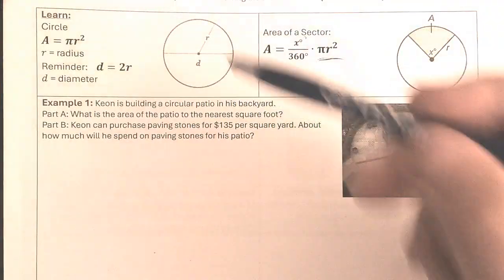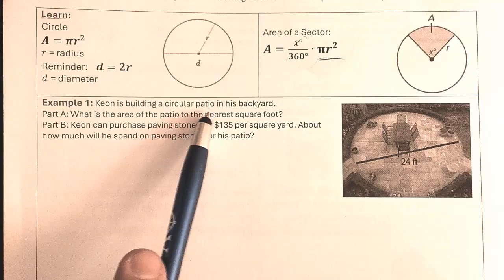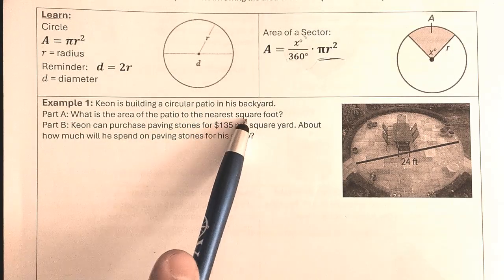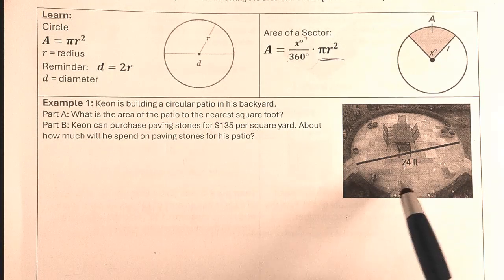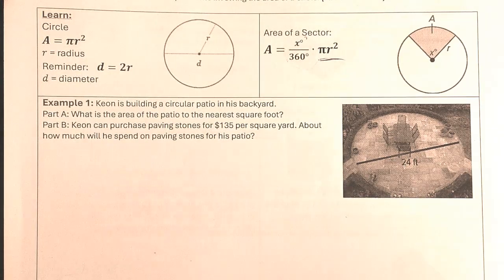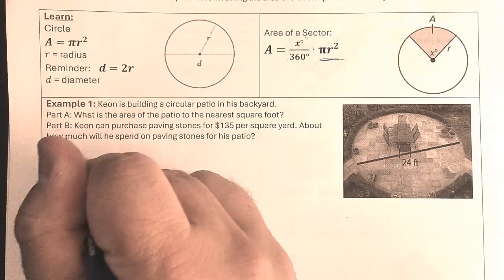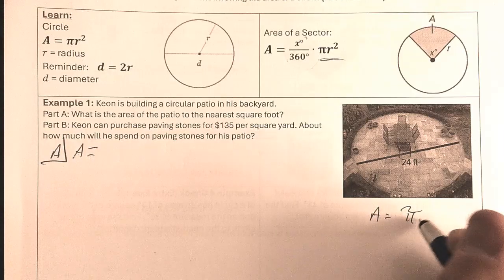So example 1. Kean is building a circular patio in his backyard. Part A, what is the area of the patio to the nearest square foot? The diameter of this is 24 feet. So part A, area. Area is going to be pi r squared.